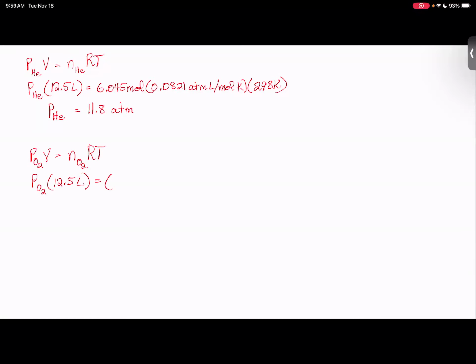That's equal to the moles of oxygen, which was 0.135 moles of oxygen, times R of 0.0821 atmosphere liters per mole Kelvin, times the temperature at 298 Kelvin. So oxygen has a pressure of 0.264 atmospheres.